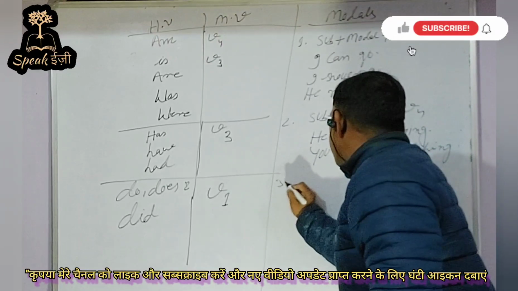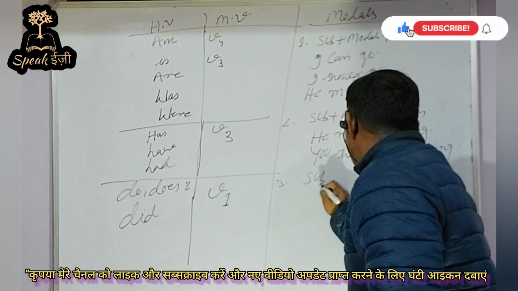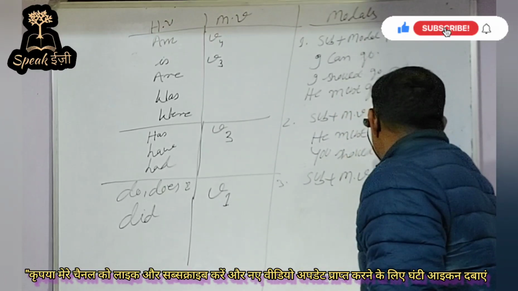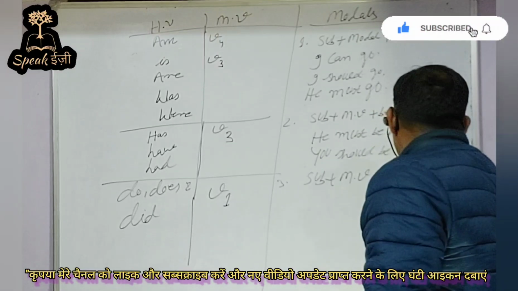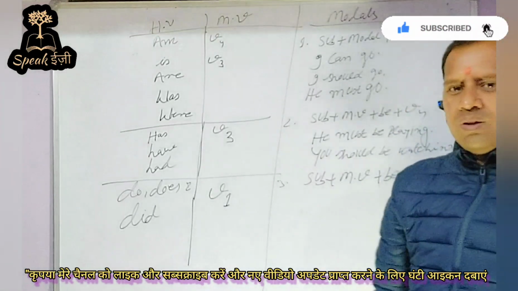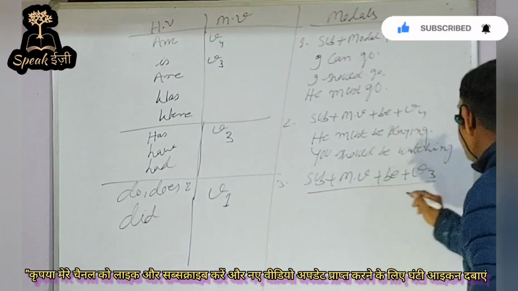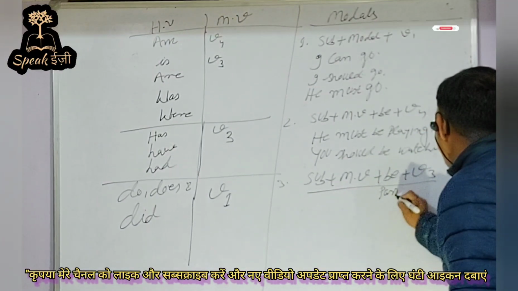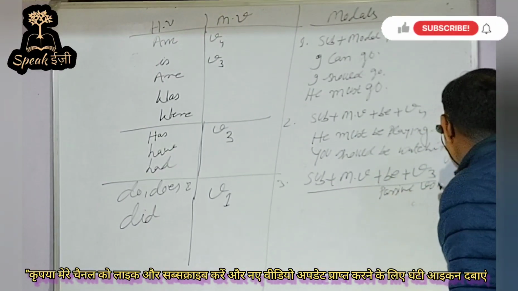The third possibility is subject plus modal verb plus be plus V third. This structure is generally used in the passive voice.